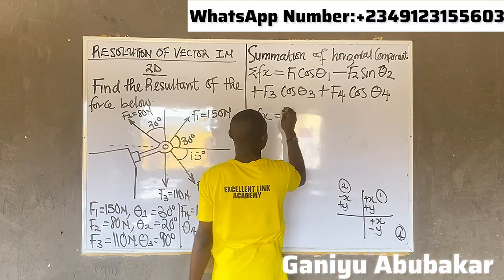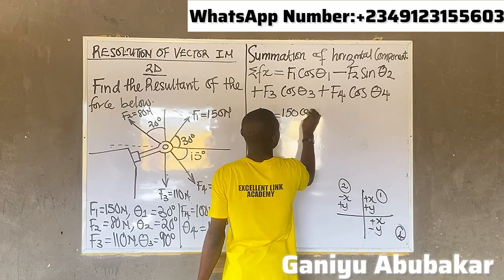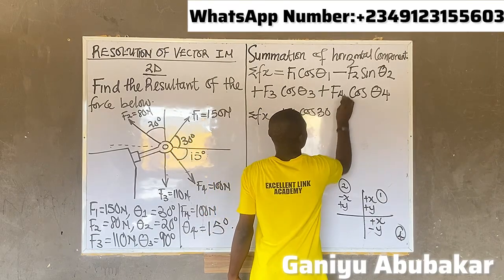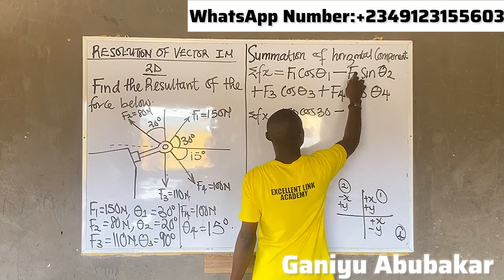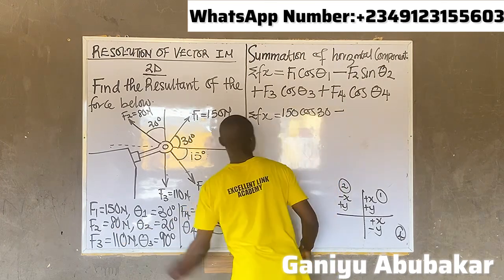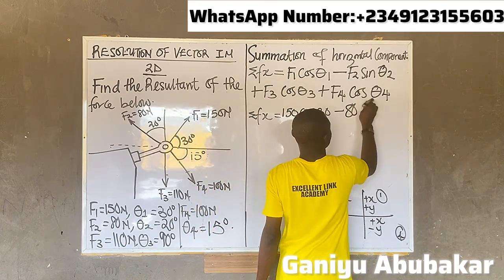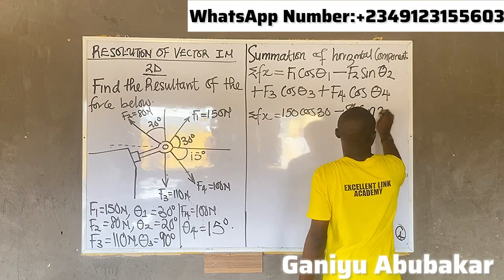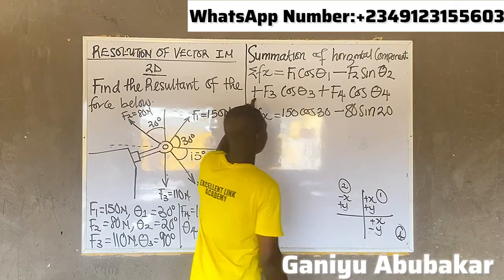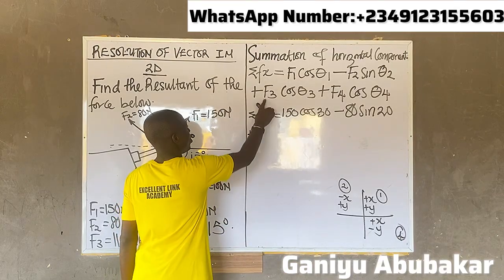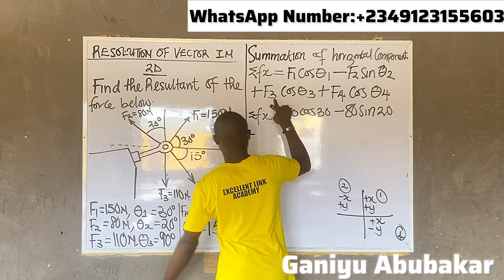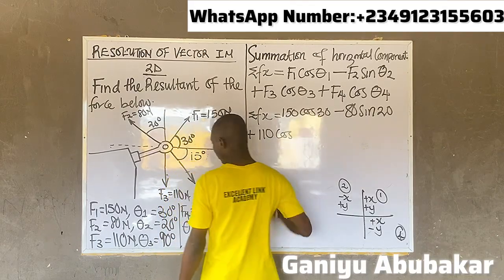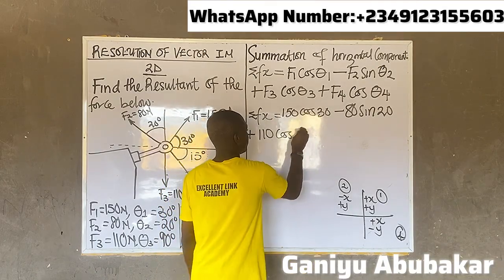F1 is 150, 150 cos theta 1 is 30. Minus F2 is 80, so 80 sine theta 2 is 20. I have a plus sign here, plus F3 is 110, that's 110 cos theta 3 is 90.